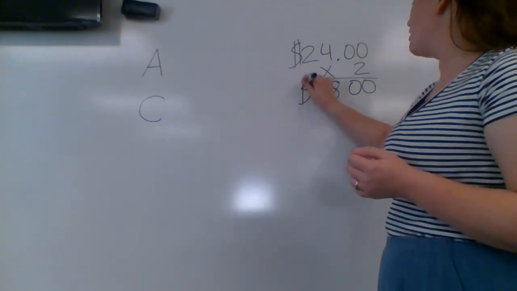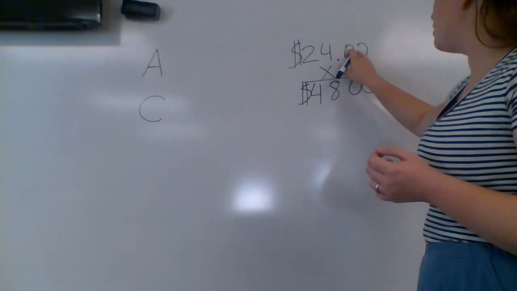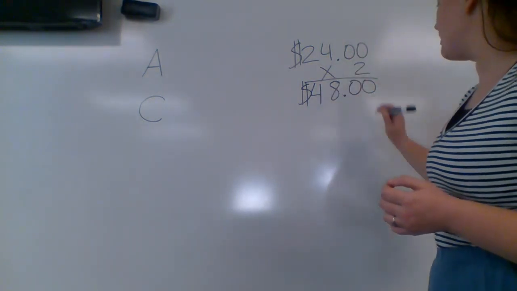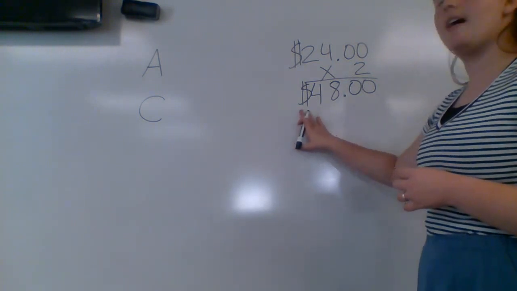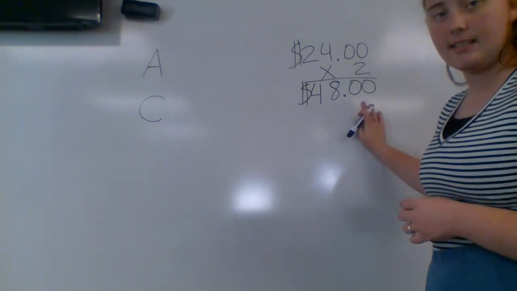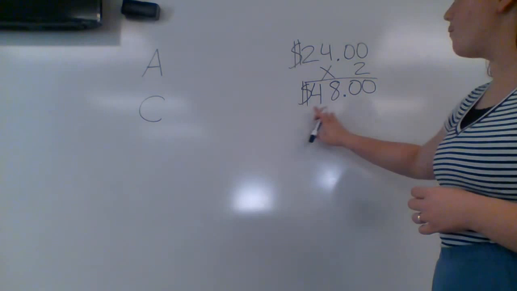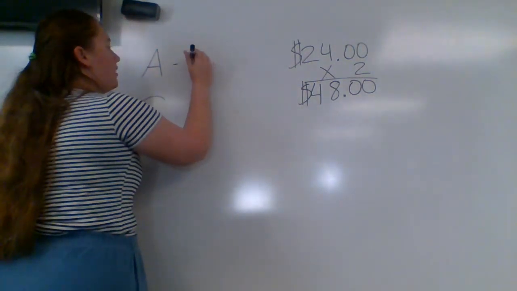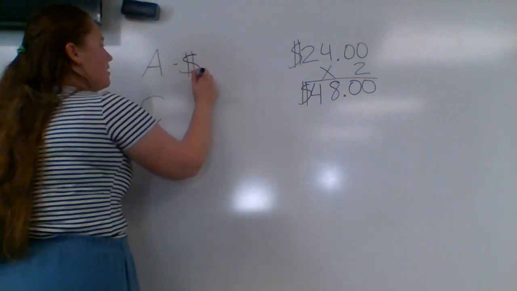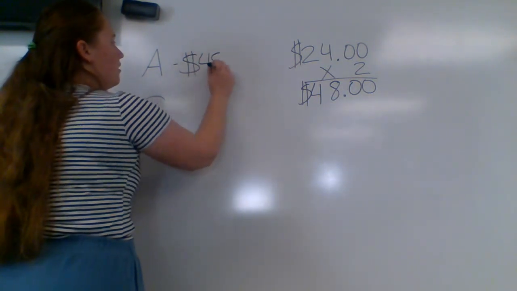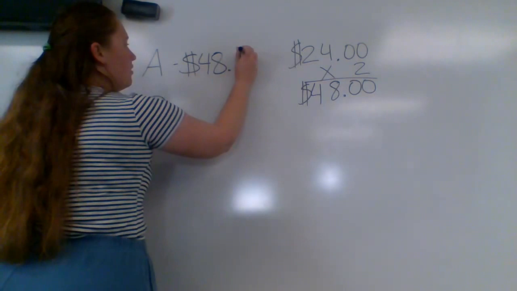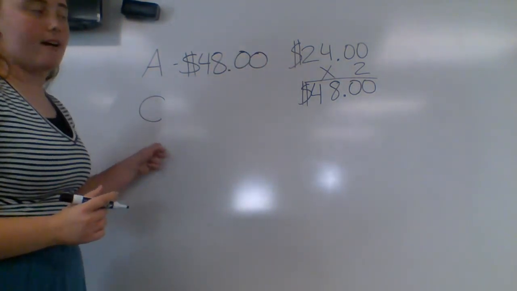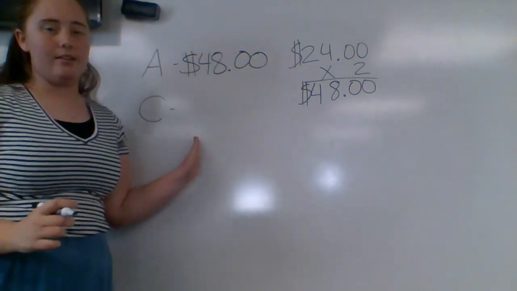We'll put our dollar sign down there. There's 2 places after that decimal, so I'm going to put 2 places after this decimal. So they spent how much money on the adult tickets? Good, $48. So I'll put over here, adult tickets, $48.